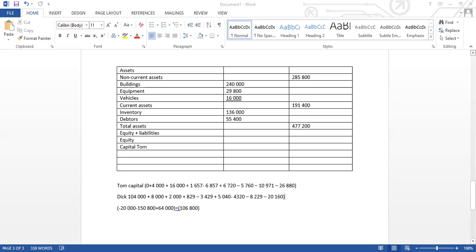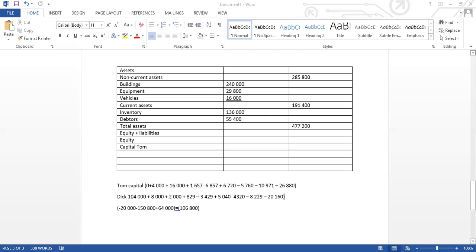I tried getting Tom's capital, and the difference I got between the memo's answer and mine amounts to the amount under Dick at the goodwill on the credit side. You said in the memo Tom's capital is 32,789.